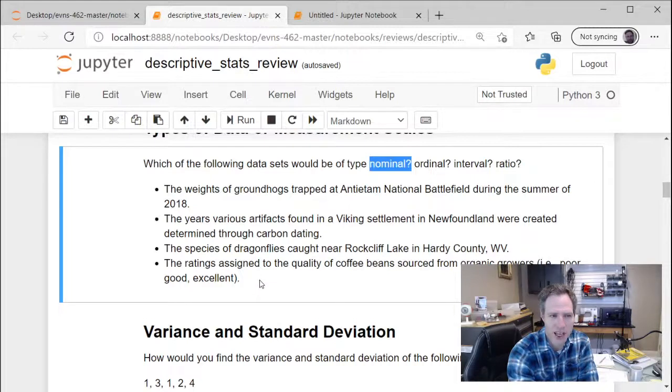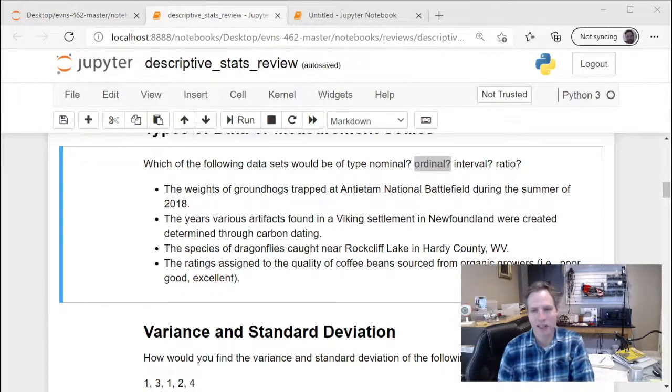These are just names assigned to coffee beans. But you've got to be careful because there is an order associated with these values that you would assign to coffee beans. Poor isn't as good as good, which isn't as good as excellent. So that makes these data values ordinal. There's a natural order in which they occur.